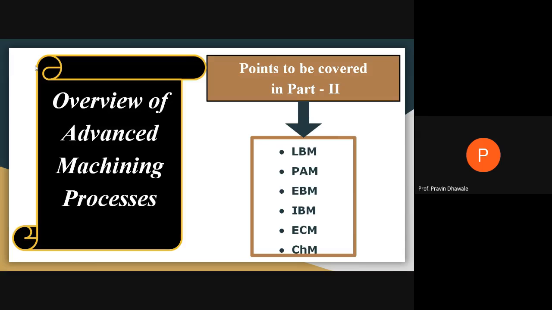In electrical energy processes, there are two processes: electro discharge machining and electro discharge grinding, right? Those have the same principle. Now, in the second part, we are focusing on laser beam machining, that is LBM, plasma arc machining, PAM, electron beam machining, EBM, ion beam machining, that is IBM, electrochemical machining, and chemical machining, CH.